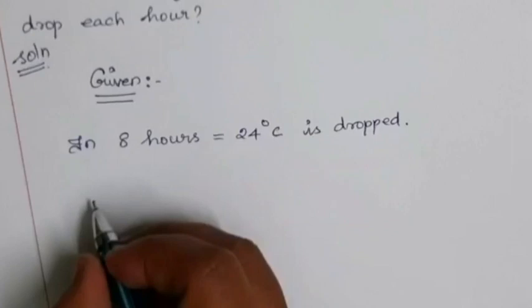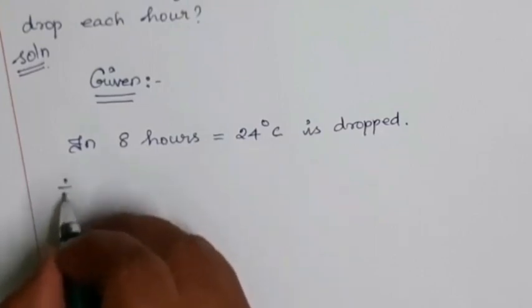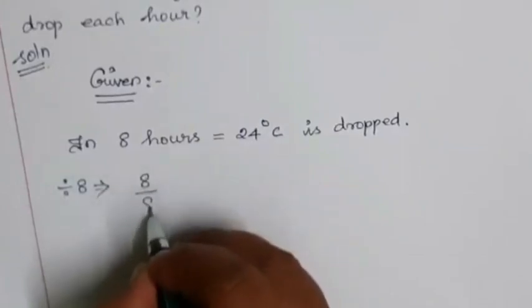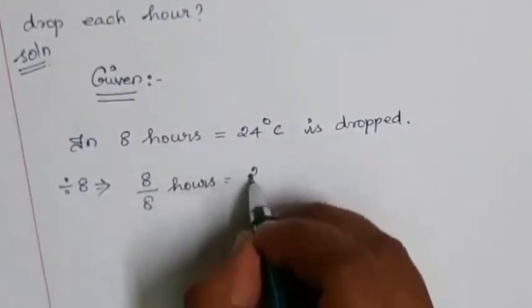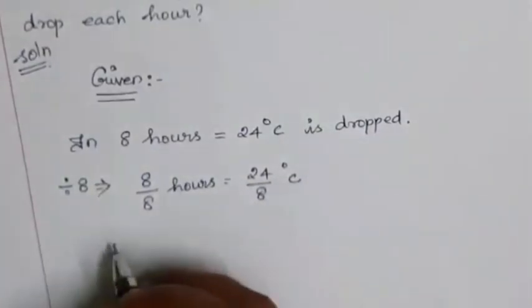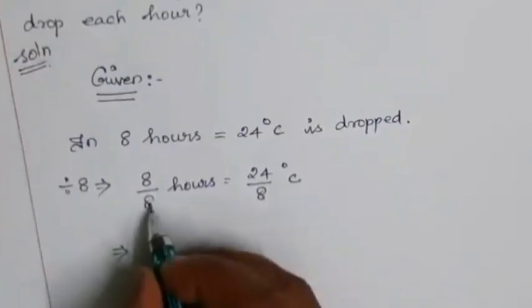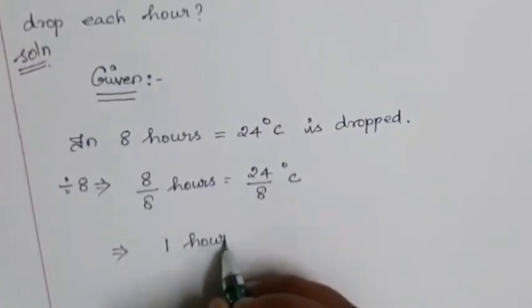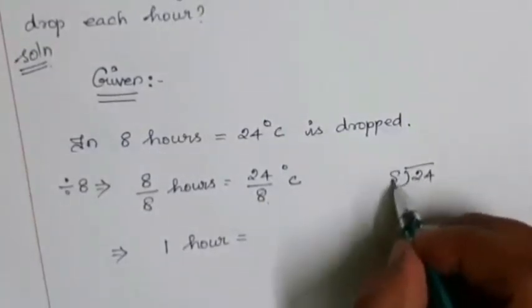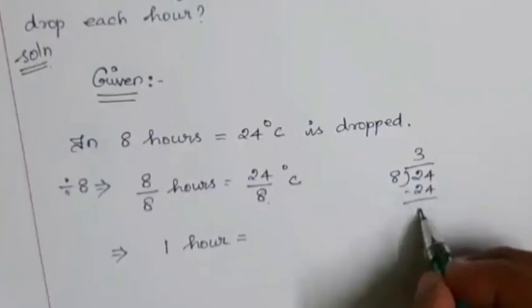Now let's find the temperature dropped per hour. By given, in 8 hours 24 degrees Celsius is dropped. Divide by 8 on both sides. 8 by 8 hours is equal to 24 divided by 8 degrees Celsius. Dividing 8 by 8 is equal to 1. 1 hour is equal to 24 divided by 8.